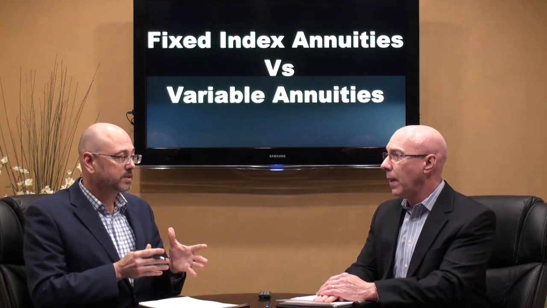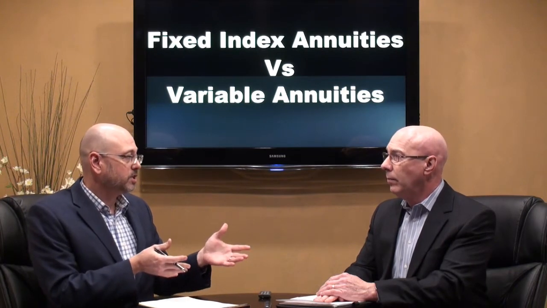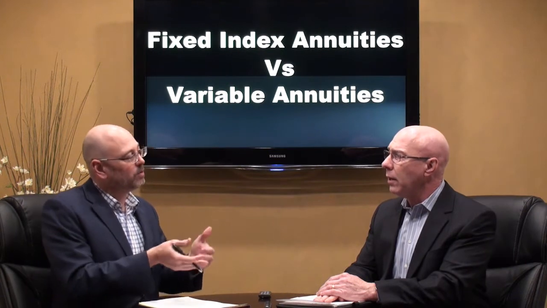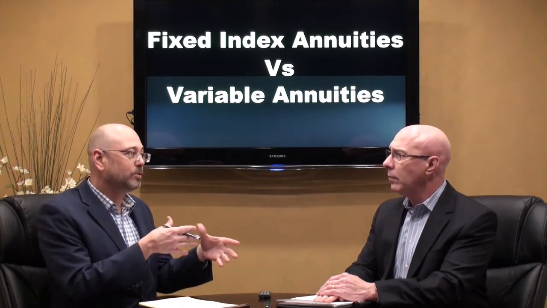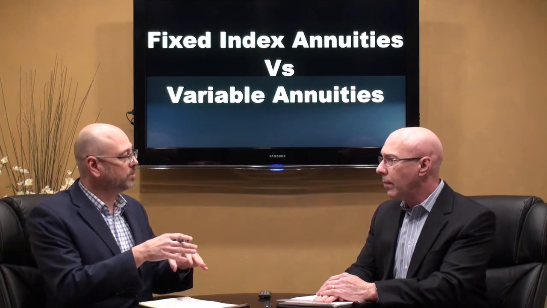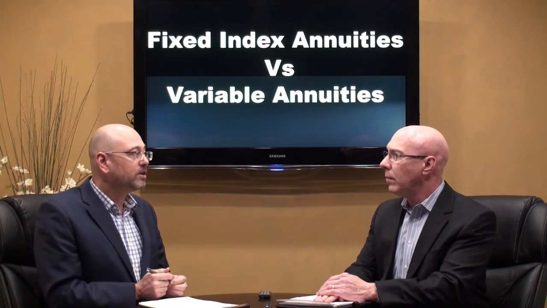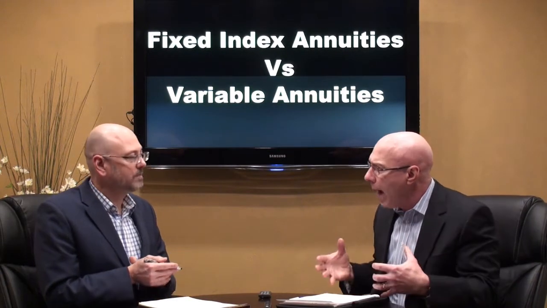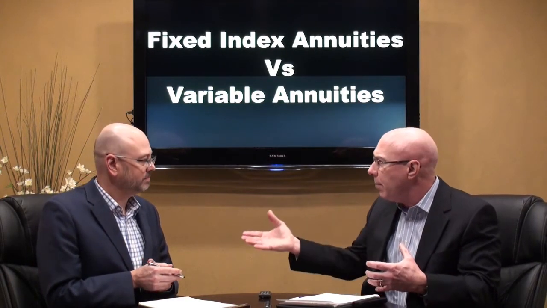Now, with the fixed indexed annuity, you're really just subject to the upside. The fixed portion basically says that you're not going to lose anything. There are some minimum guarantees built in, so you can't go backwards from any type of investment risk.